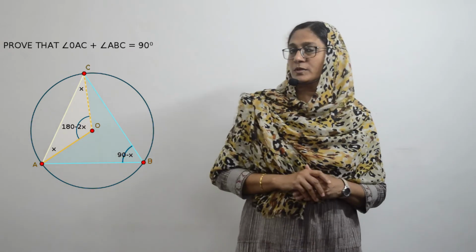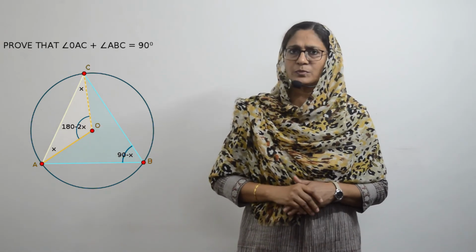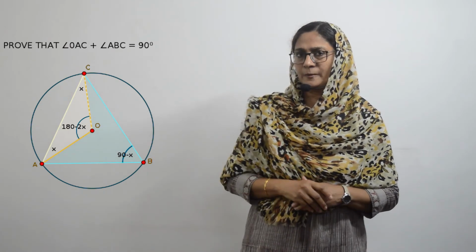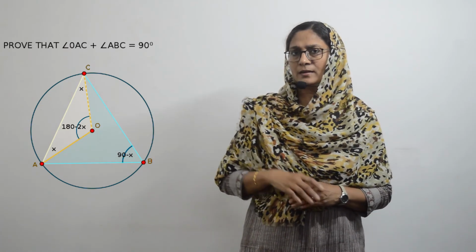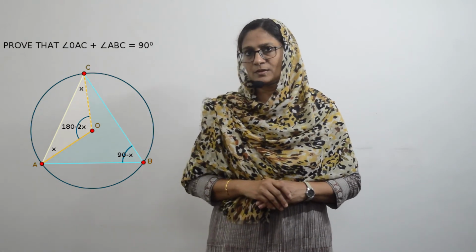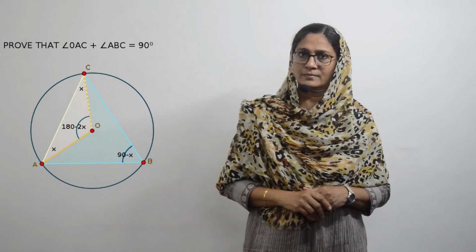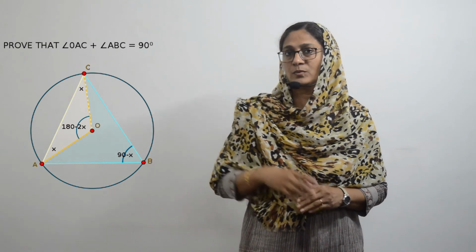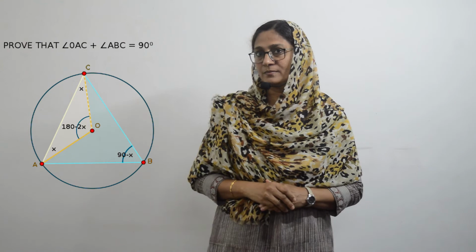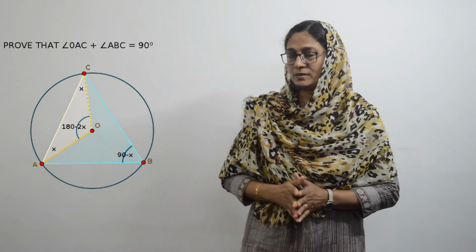Now let's come to what we have to prove in this question. We have to prove that angle OAC plus angle ABC equals 90 degrees. What is the measure of angle OAC? It's x. And what is the measure of angle ABC? It's 90 minus x. Let's add them together.